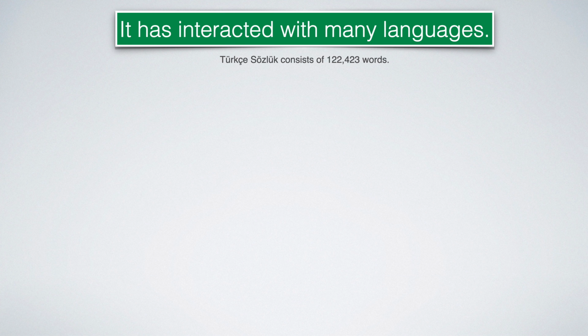Evet, it has interacted with many languages. The latest copy of the Turkish dictionary consists of this much words. It looks difficult. Please don't make me pronounce it in English. Here is a number of some loanwords in Turkish. Arapça 6467.